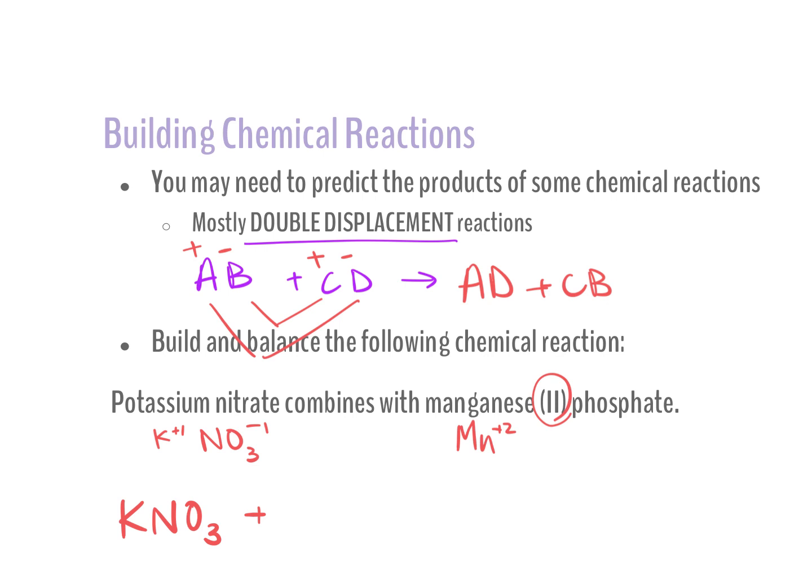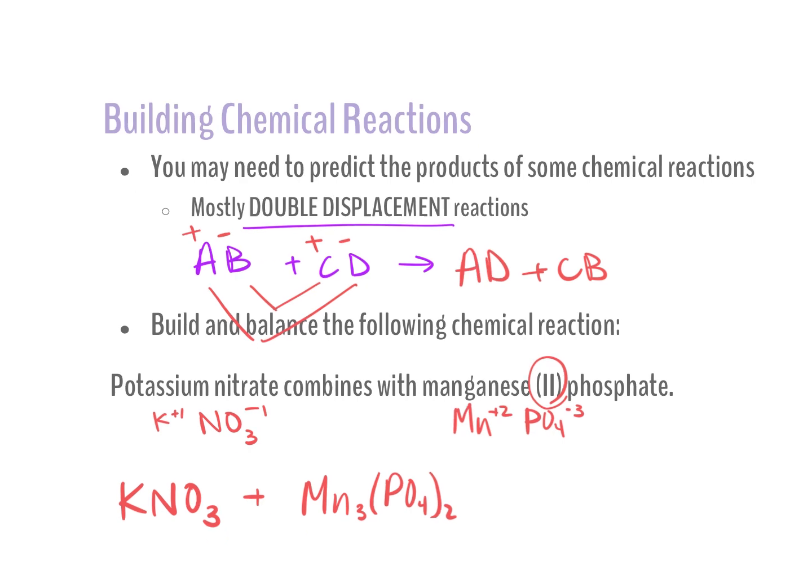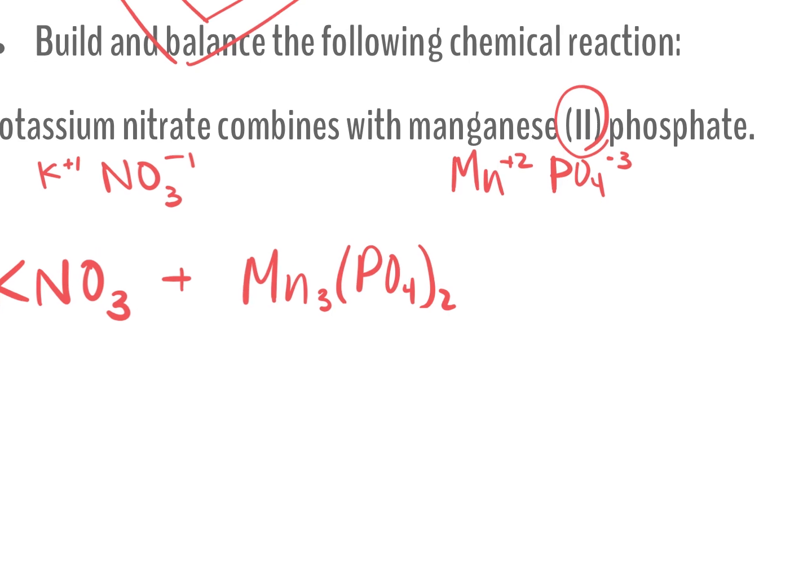Phosphate is PO4 -3. How will those fit together? Do we need to crisscross? We do. So we need Mn3(PO4)2. Are we remembering that whole segment from our naming molecules chapter?